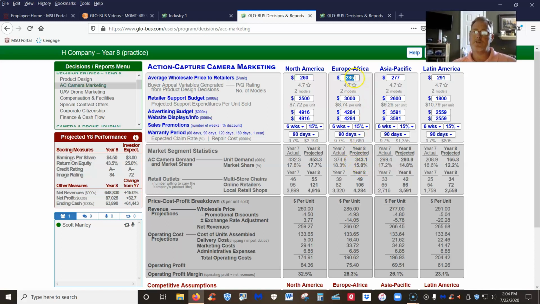I'm watching market share or units when I do this. Whoops. Okay, went from 343 to 353. That's good. Okay, I'm going to go down in Asia Pacific. Okay, that's not a real big increase. So I'm going to go down until I see my next increase. There we go. Okay, and then I'm going to do the same thing in Latin America.